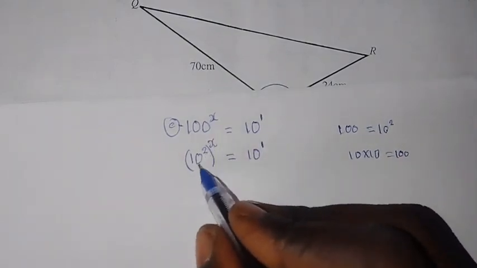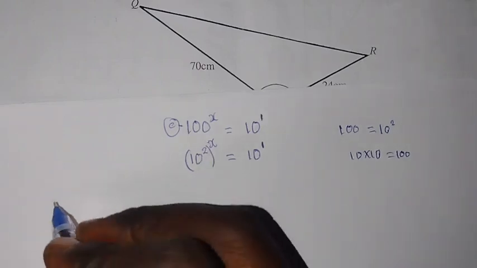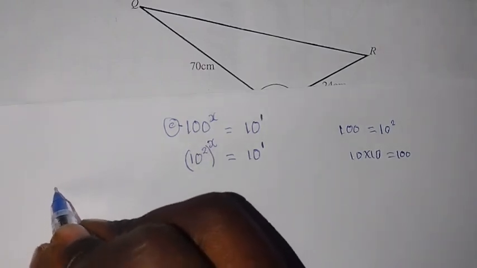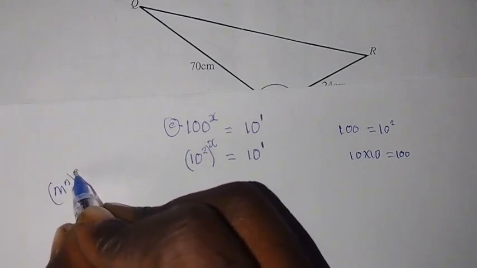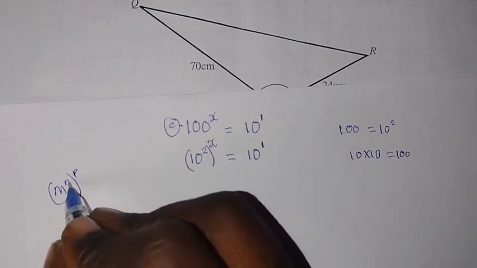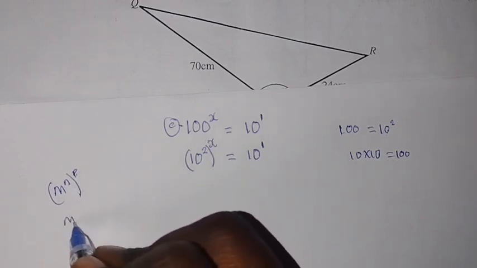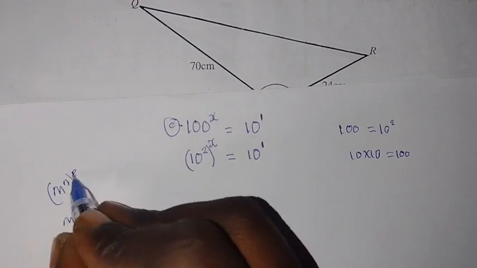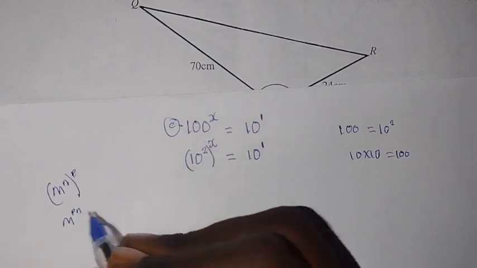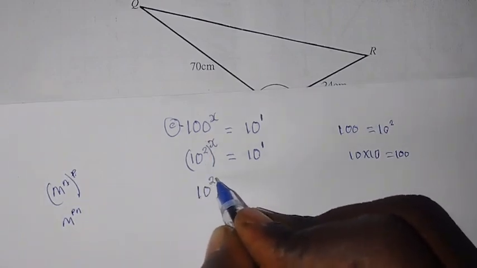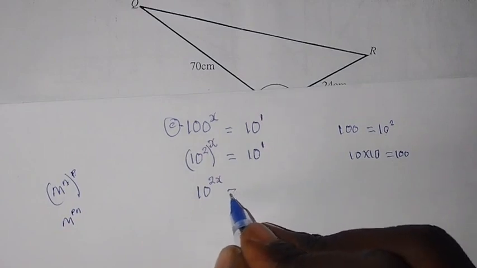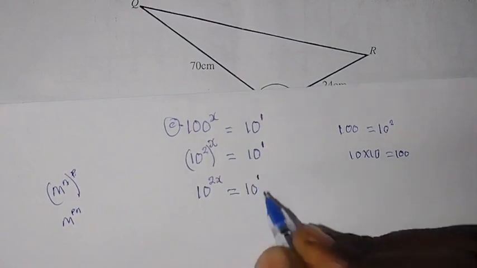So we can apply the power of a power rule from the indices. If you have m raised to the power of n in brackets, then raised to p, you multiply n times p, so you get m to the power of np. So 10, 2 times x, you get 2x, equal to 10 to the power 1.